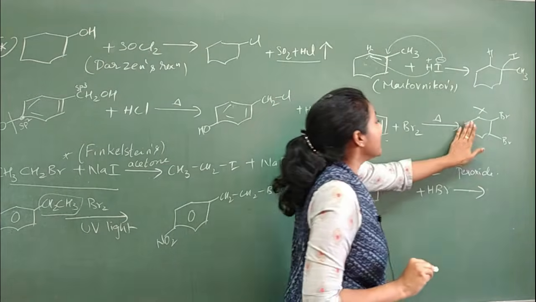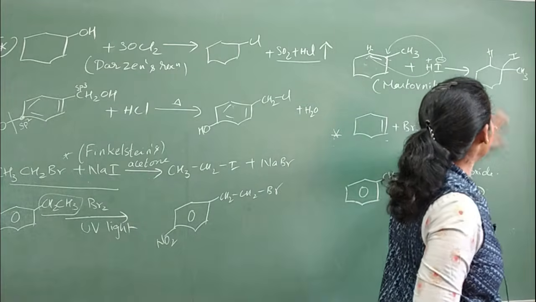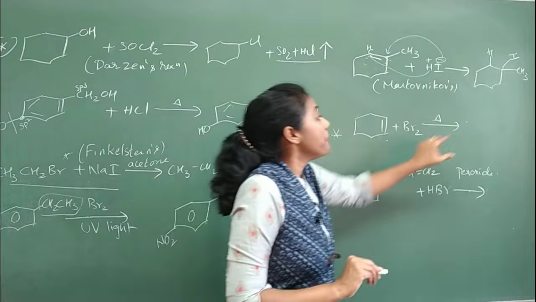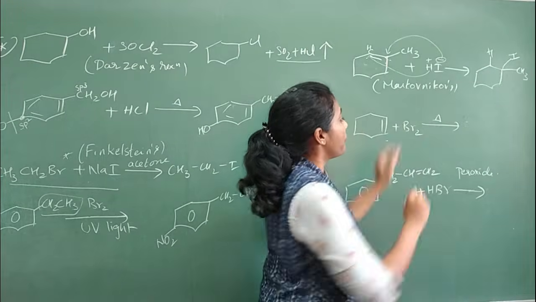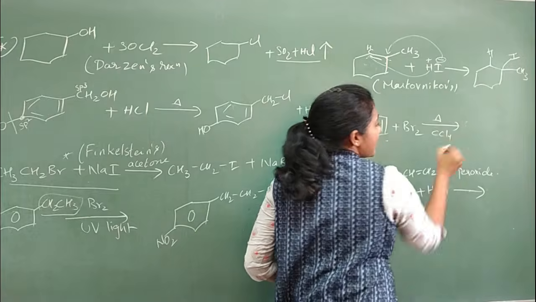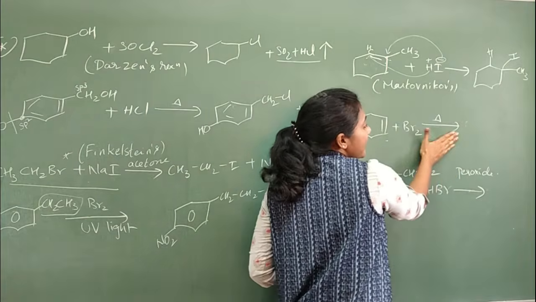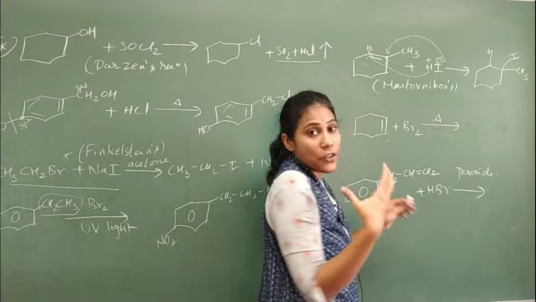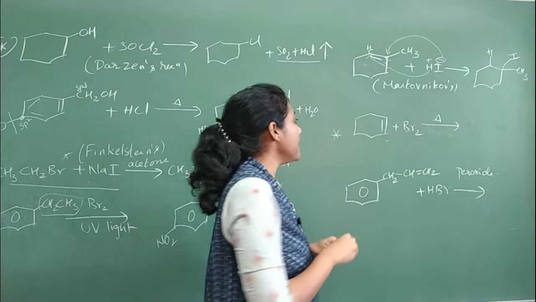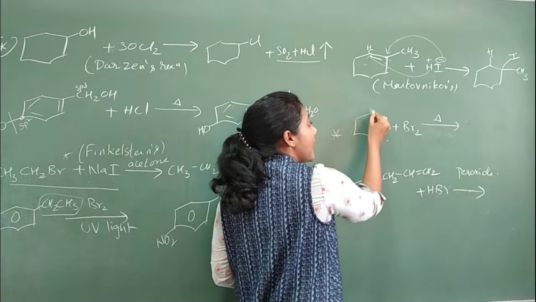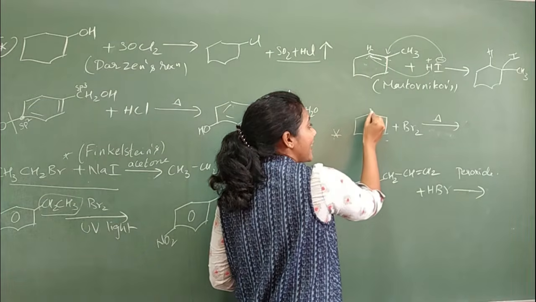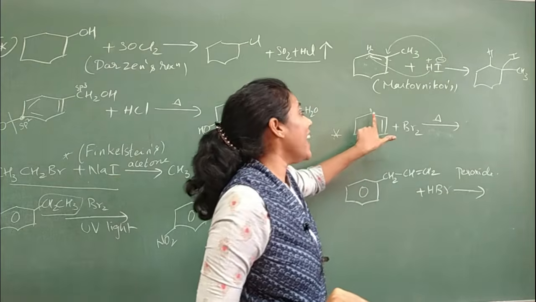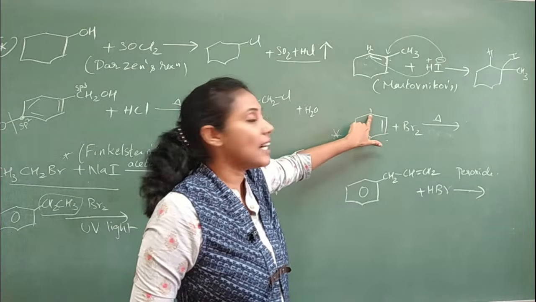Okay, so the correct product is, see guys, a substitution reaction takes place. See, when do you get the addition product? When you use the solvent CCl4. You are not using any solvent like CCl4. So you are just heating, or in presence of sunlight, what always happens is, one of the hydrogens at this carbon or one of the hydrogens at this carbon, allyl hydrogen we say, this is the allyl carbon, right?